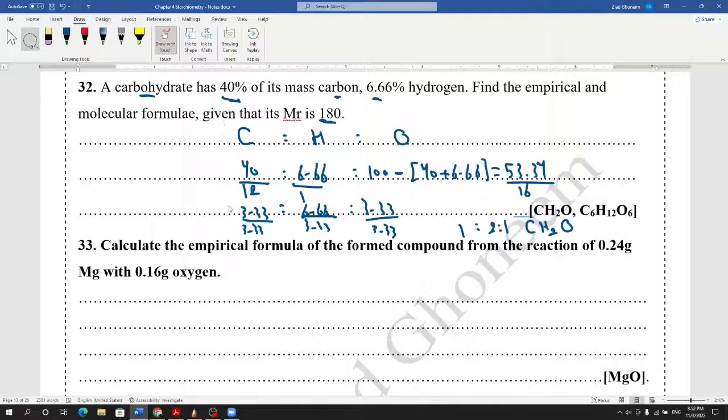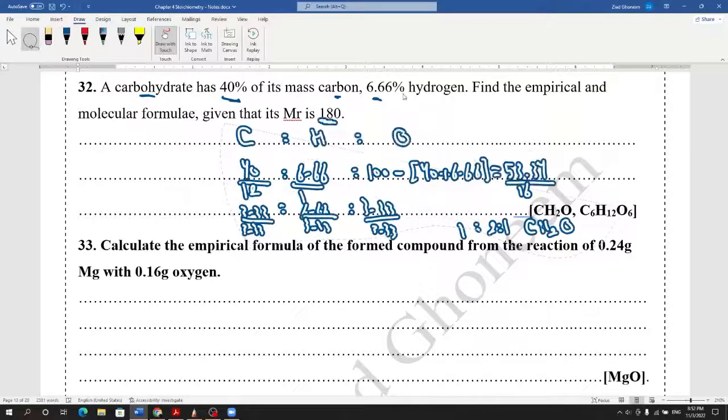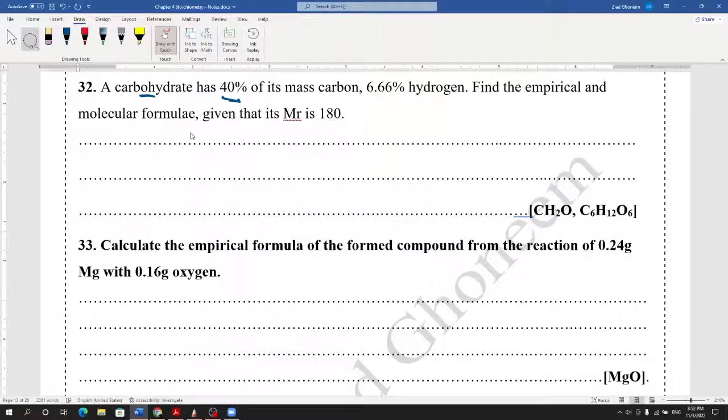Now we get the relative mass. So the empirical formula is CH2O. Now we get the relative molecular mass for this formula, which is 12 plus 2 multiplied by 1 plus 16, which equals 30 grams.